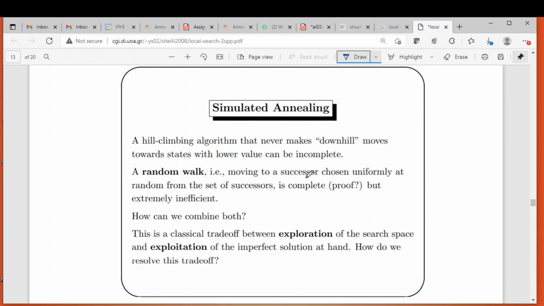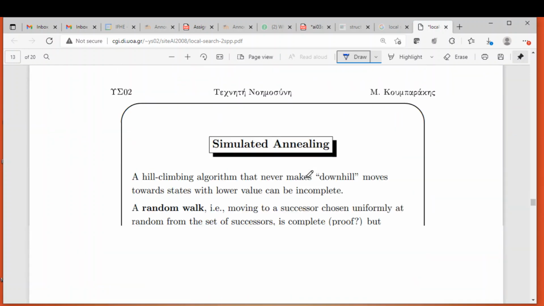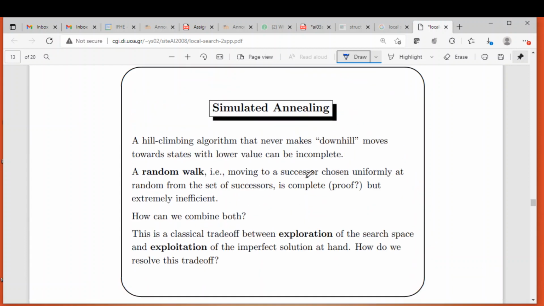Simulated annealing is also one of the local search techniques. This is an algorithm which is inspired from physics. In physics there is a concept called annealing. Annealing is the process of heating the metal and then cooling it down gradually, so that you can convert it to crystal form.